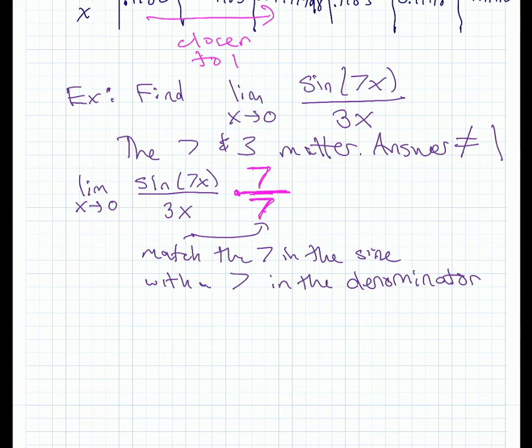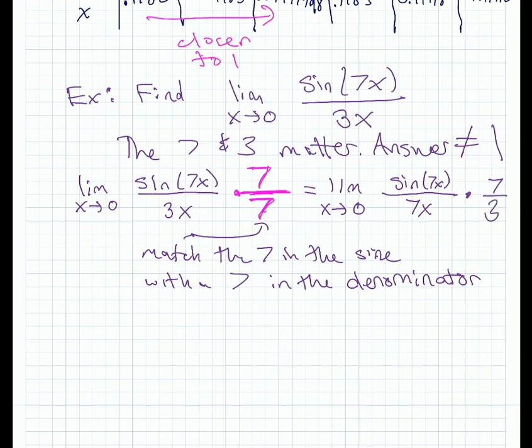Now, why would I do that? What's that get me? Well, if you rearrange this a little bit, you can write this as sine 7x over 7x times, so I just moved the 7 over to where the 3 is, and I'll move the 3 over to where the 7 was.